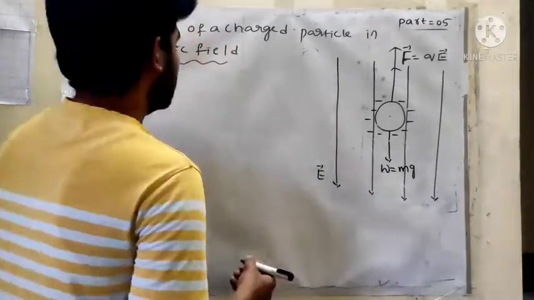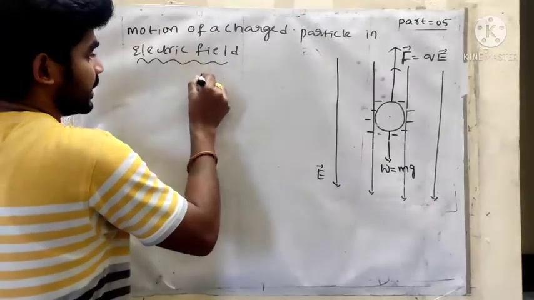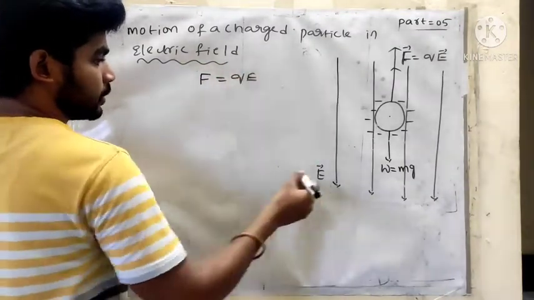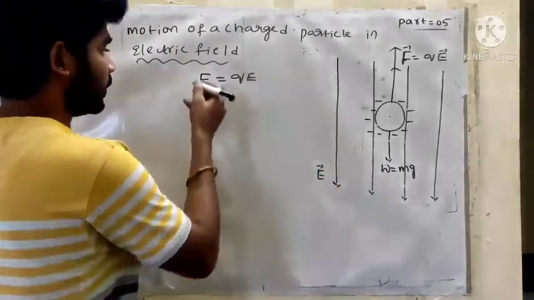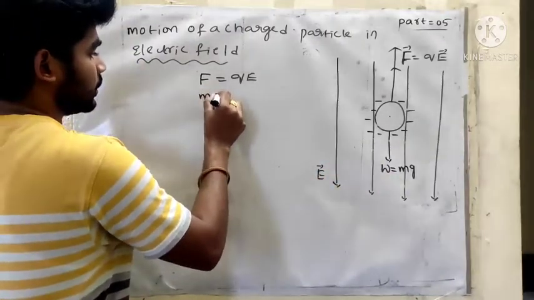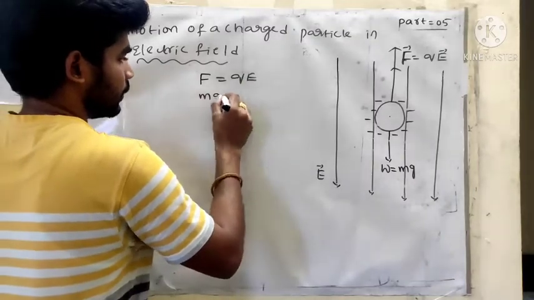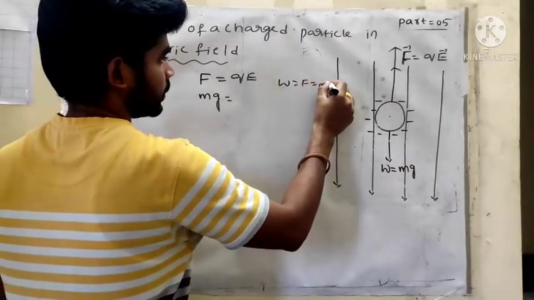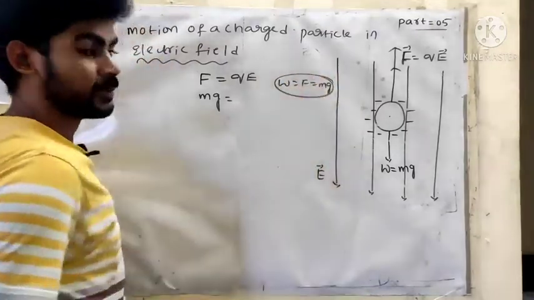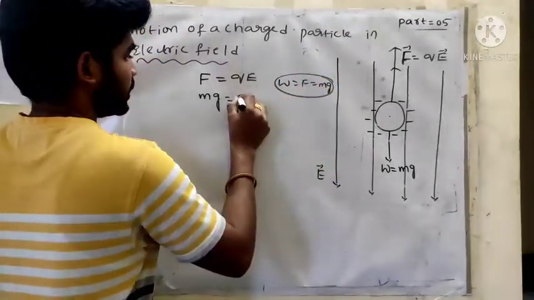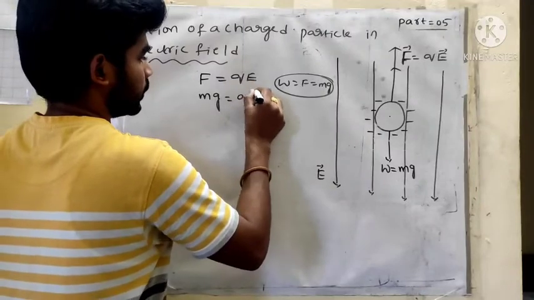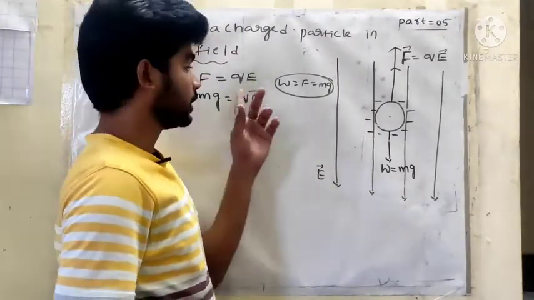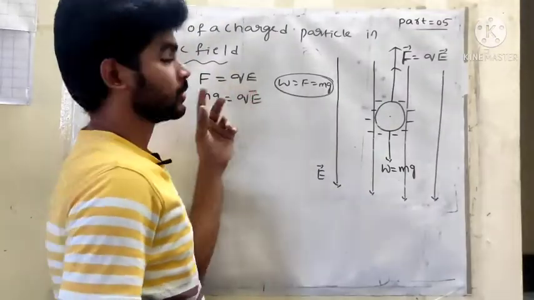So how much force is it? F = qE. Weight W = mg, so F = mg, the gravitational force. So mg = qE. I am not using the vector sign, so I am not taking the sign convention here.